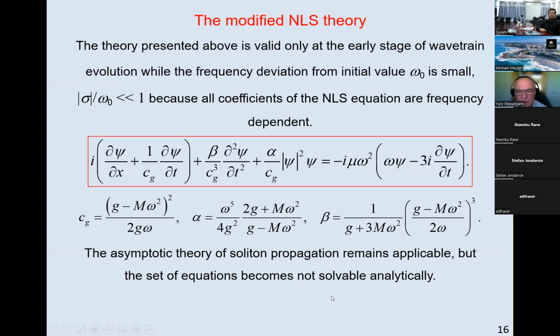I can show you in a minute, but before I have to say that this theory assumes that the frequency is constant. The central frequency is constant, but in fact, central frequency experiences shift. And so we have to modify the approach because all coefficients in this equation are functions of omega.